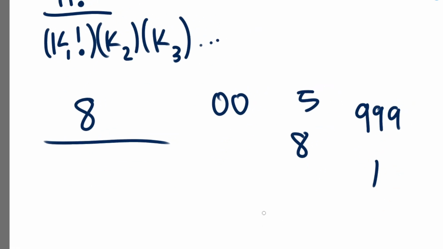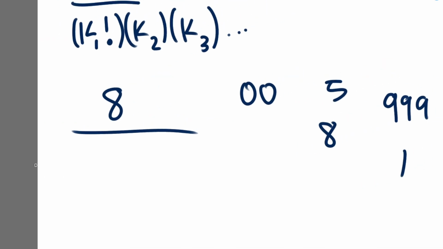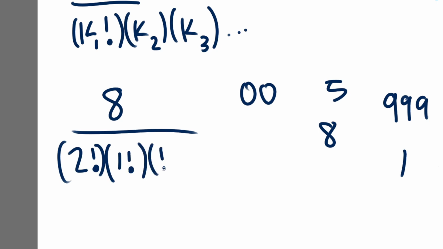So what we can do with this is, sorry, I got distracted. We know that there are 2 zeros, so we'll write that down, and we'll do 2 factorial times. We know that there's 1 5 and 1 8 and 3 9s.